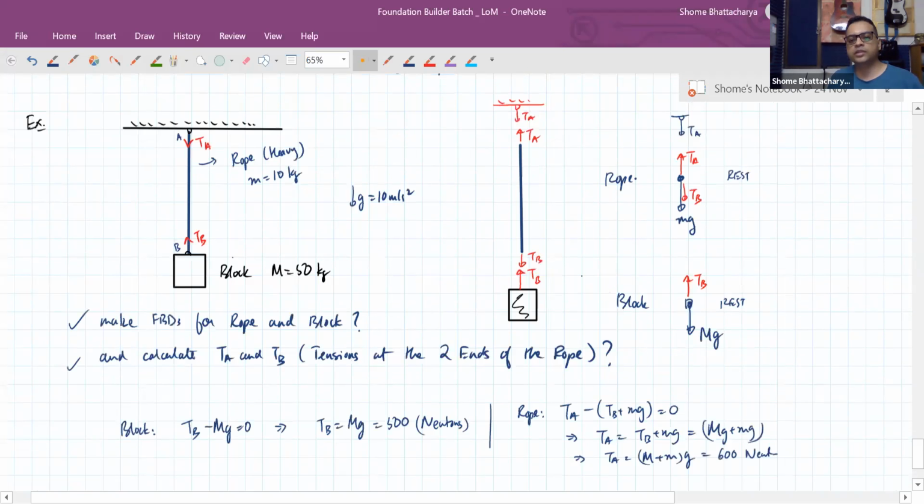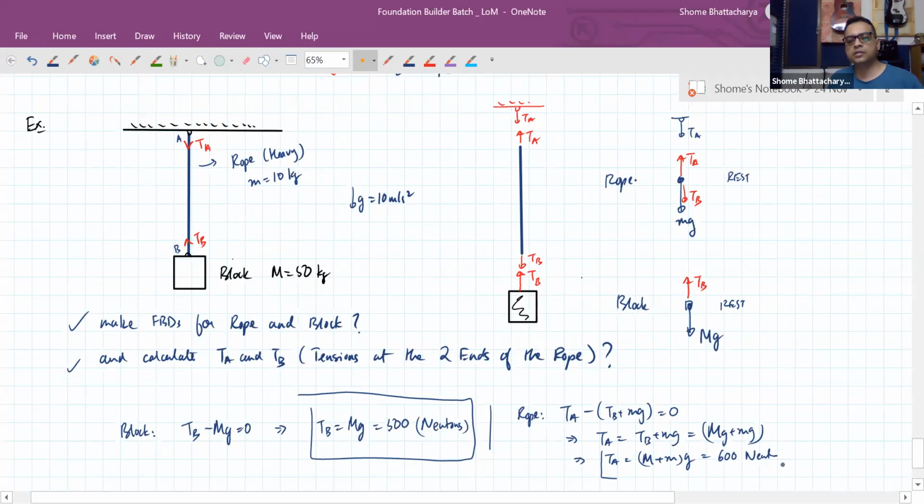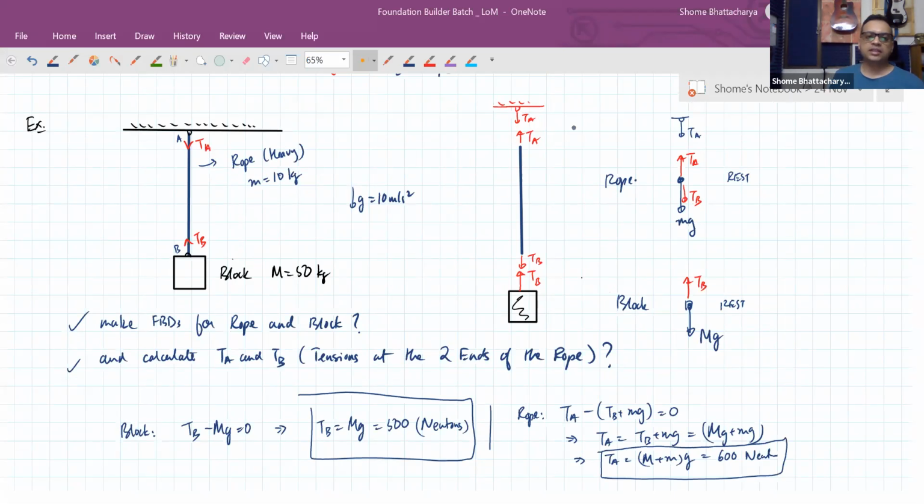This is the tension at the lower end. This is the tension at the upper end. Okay. So what happens is, this is the case of the heavy rope.